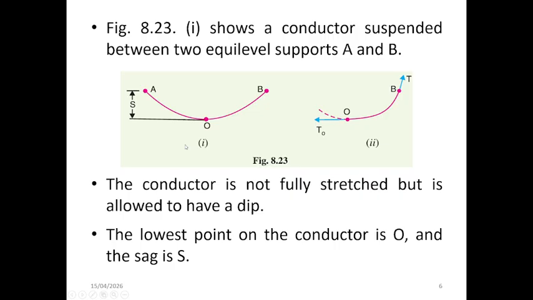This sag is an essential design parameter, as it ensures that the mechanical tension in the conductor remains within safe limits while also maintaining adequate ground clearance. The figure also hints at the tension distribution along the conductor, where the tension is a minimum at the lowest point and increases toward the support. So this is what we call tension.